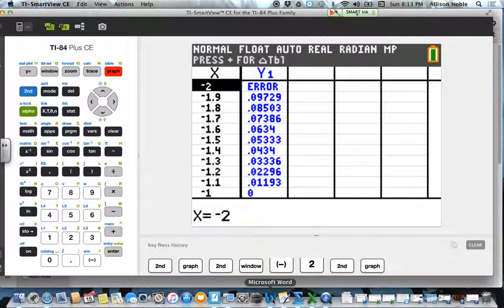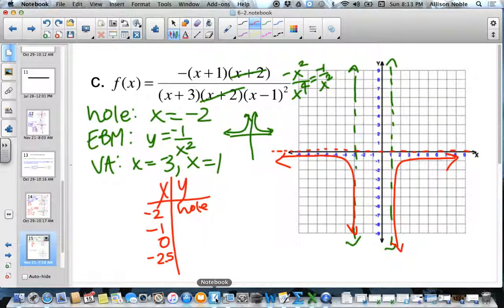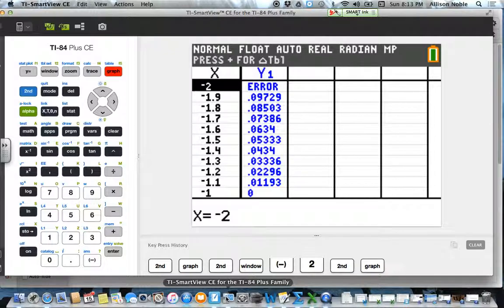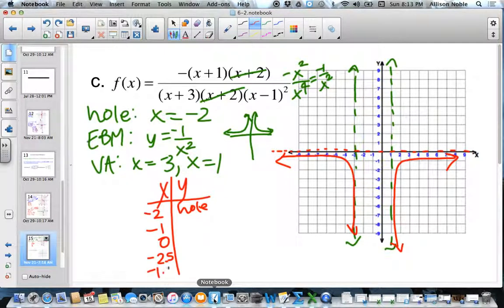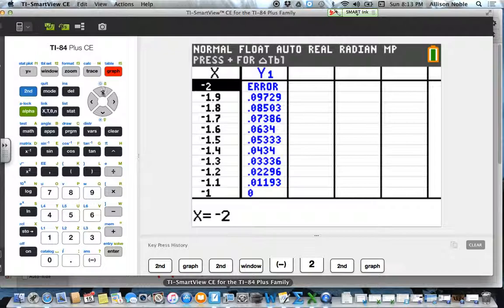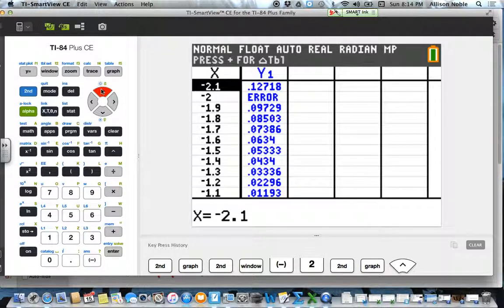So negative 1.9 is at 0.09, which means I know that there's going to be a hole really close to there, because that's where negative 2 would be. And then after negative 2, like negative 2.1 is at 0.12, so it's positive as well. So yeah, I should know it goes like that.